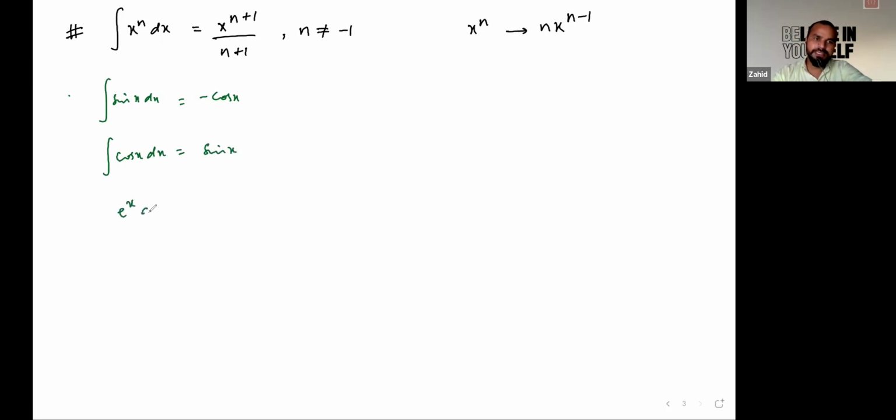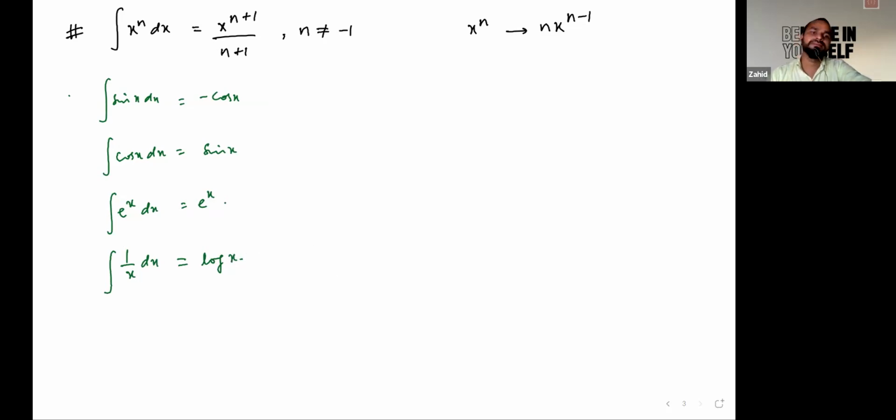The exponential function e raised to the power x dx gives you the same value. For 1 over x dx, which is x raised to the power minus 1, we haven't used the power rule. This integration gives you log of x, as we have done that differentiating log of x gives 1 over x. So the integration of 1 over x gives log x.